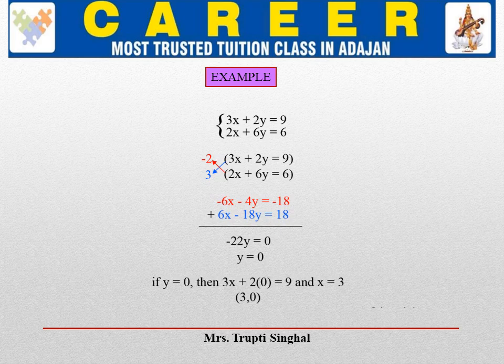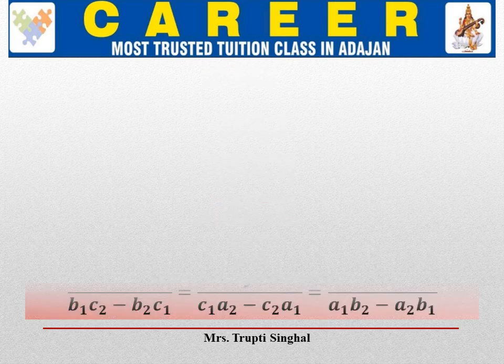For that, we multiply the first equation by 2 and the second equation by 3, or we can say the multiplication of minus 2 also. So we get minus 6x minus 4y equals minus 18 plus 6x minus 18y equals 18. So we get the value of y equals 0, and putting y equals 0 in another equation, we get the value of the other variable x.